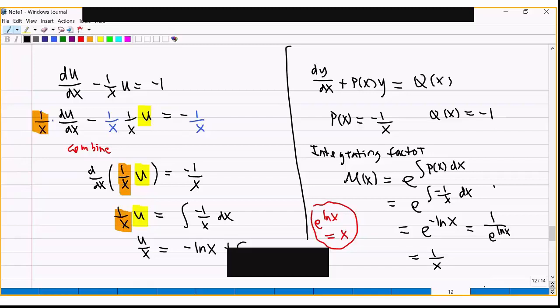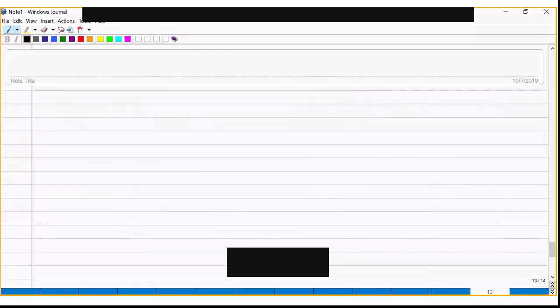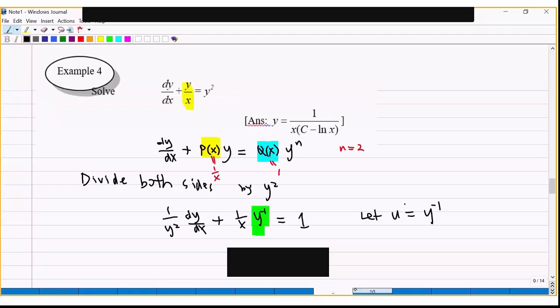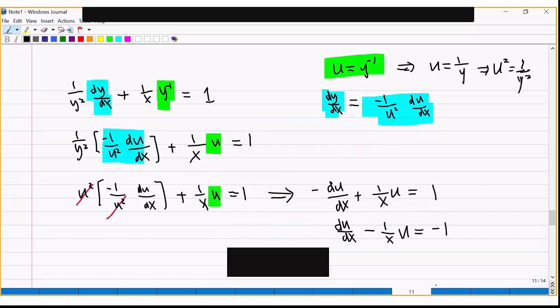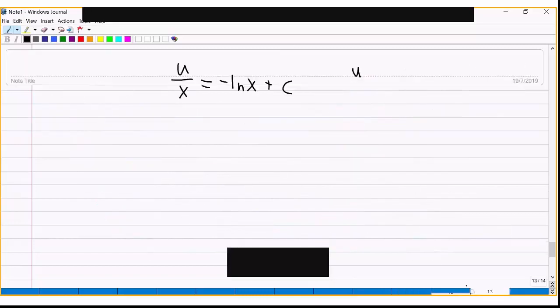Now u, at the very beginning, is 1 over y, that is y power minus 1. U is 1 over y.